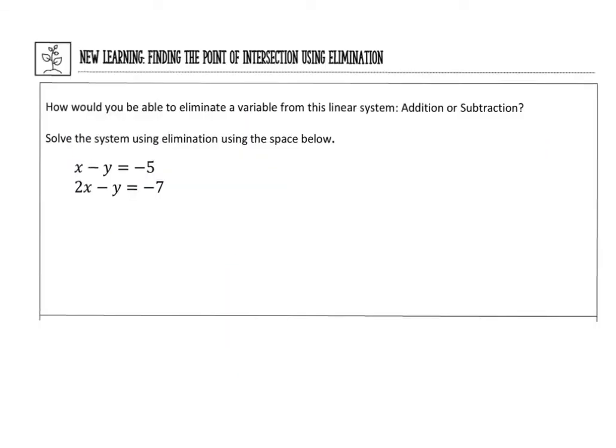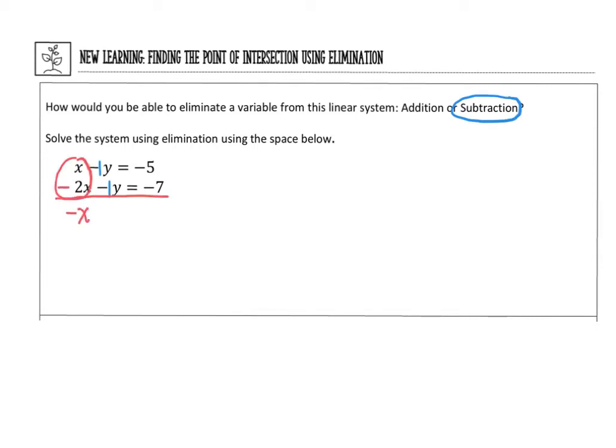Now let's look at a fourth pair of lines, and this time we'll actually find the point of intersection. So we'll begin by looking at the coefficients of the x's and of the y's. If you notice that the y values are both -1, because it's the same coefficient, we can easily eliminate the y variable. So what we'll do is x subtract 2x to get -x.